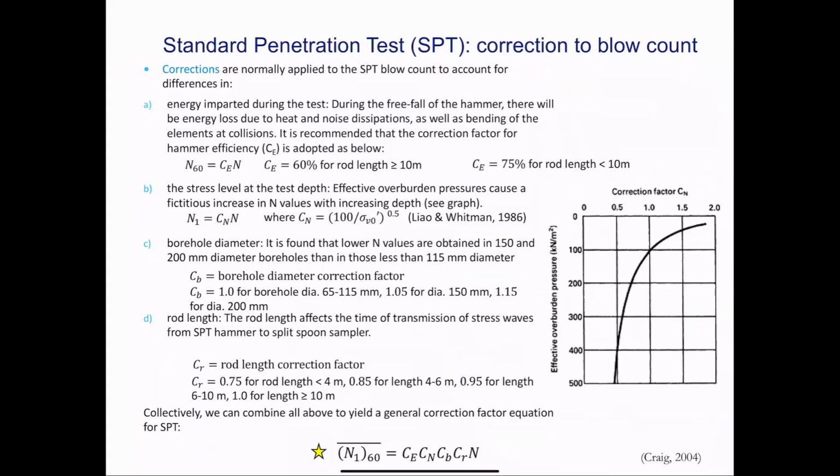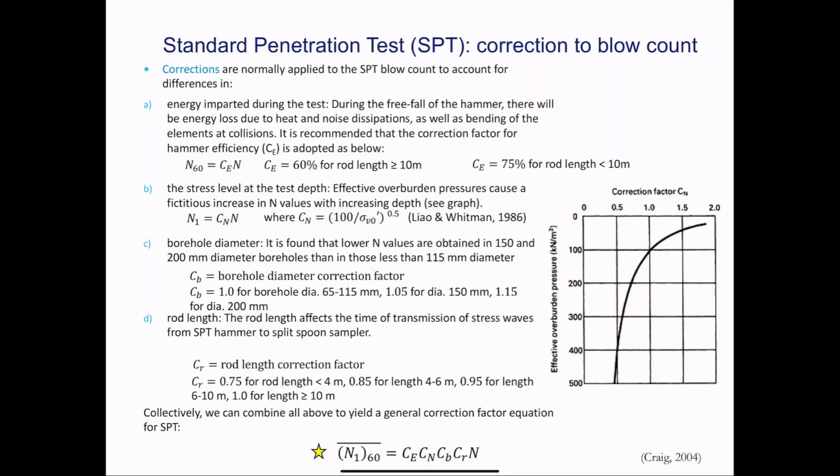We also have bending of the rod, bending of the anvil, bending of various components. So it's recommended, if you want N60, the corrected N value, we have to consider the length of the rod. Now, the longer the rod, the more energy is dissipated, right? The shorter the rod, the less energy that's dissipated.